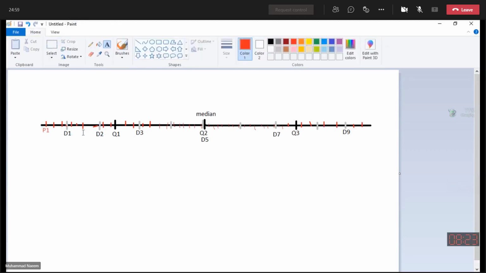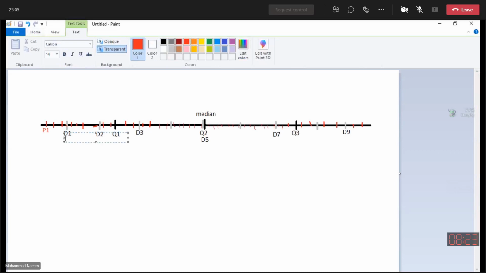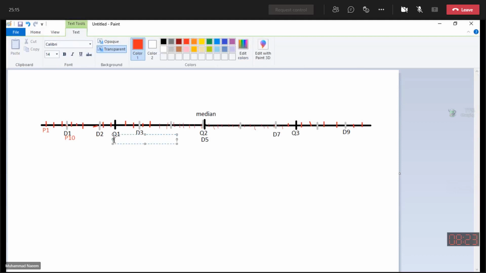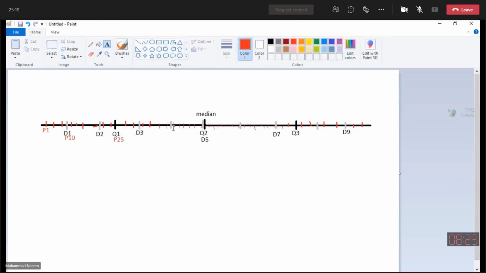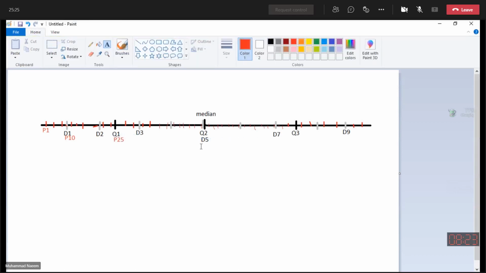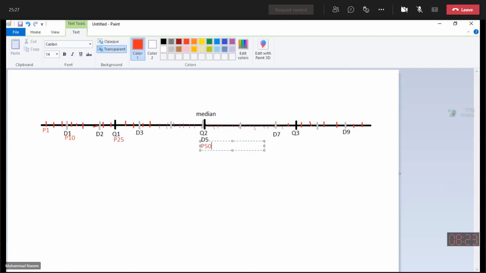P10 will be D1, and Q1 will be P25, and Q2 will be P50.